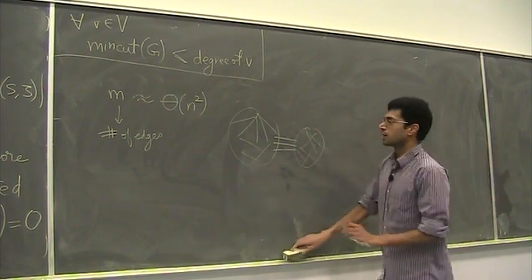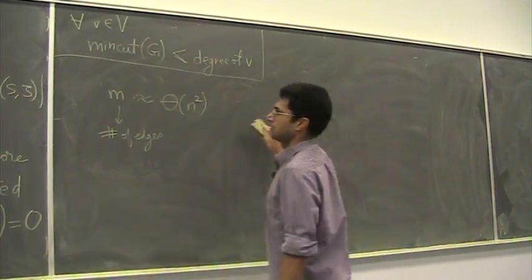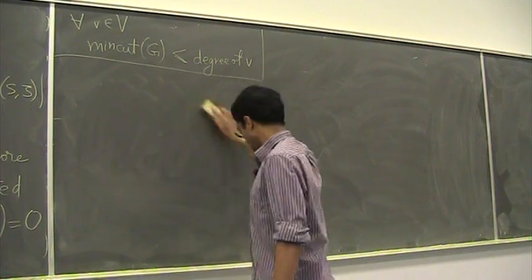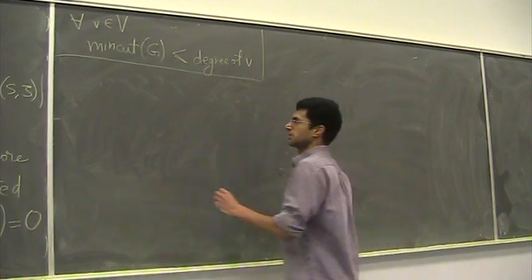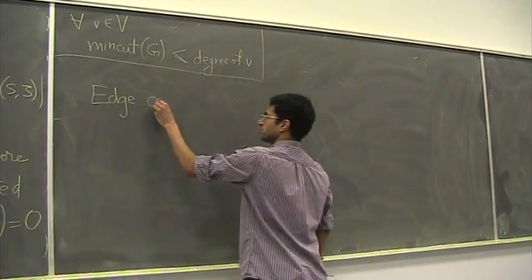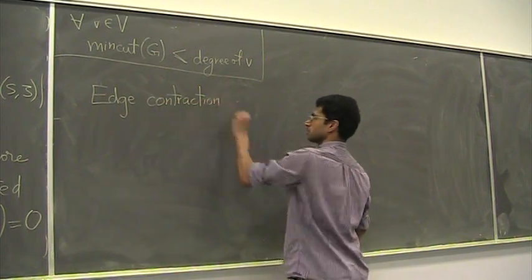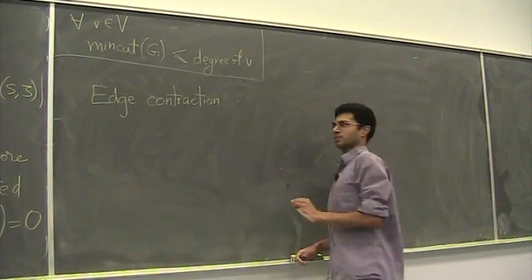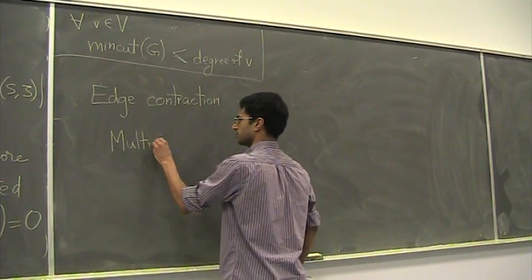Okay, so I'll get rid of this picture, and I will get rid of this. Before I get to that, I want to tell you what an edge contraction is. Now actually, before I tell you what an edge contraction is, I want you to think of multigraphs.